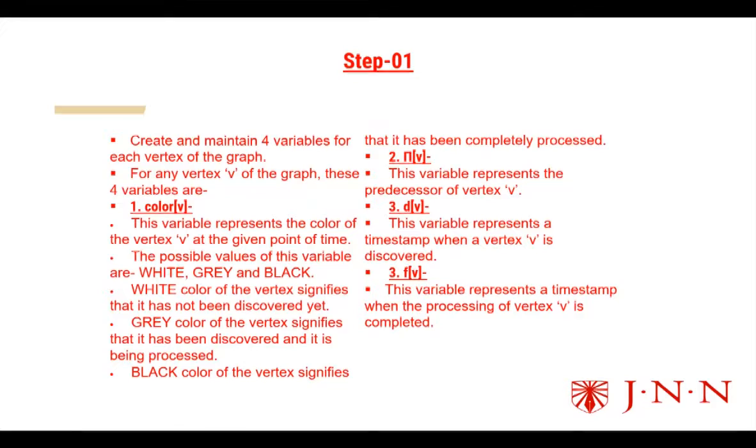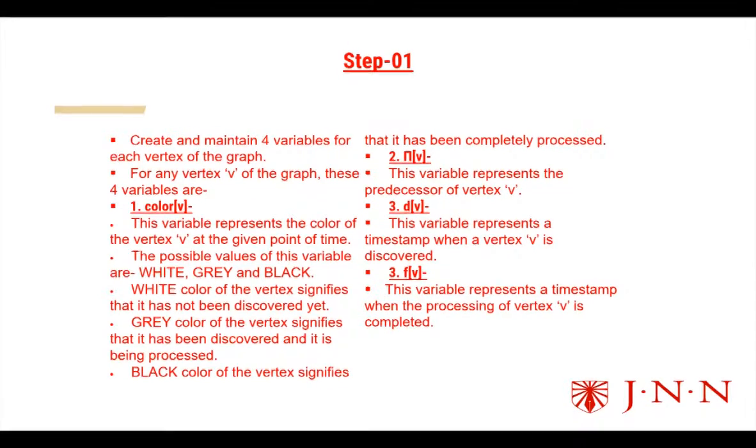That variable represents the color of the vertex v at a given point of time. So what are all the possible colors of the variable? Here it is white initially, then it is going to be turned gray. When the final node is detected, that node's color will be turned into black.